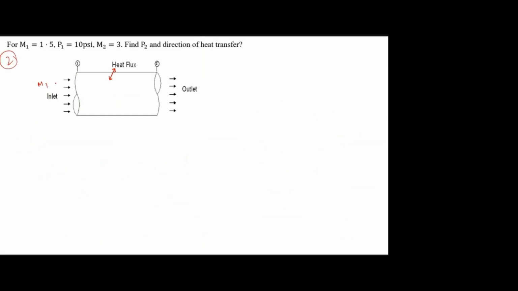They have given M1, also the P1 value. Then they have mentioned M2. Using that, we should find P2, and also the direction of heat transfer, whether heat is added or removed. They haven't asked what the Q value is; they are asking only the direction. Here, how will you proceed?